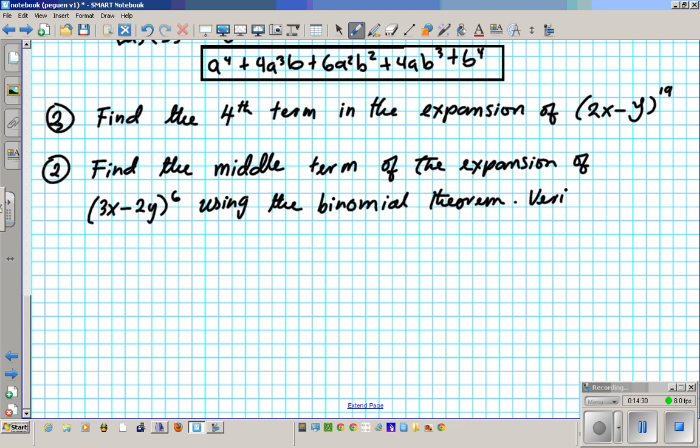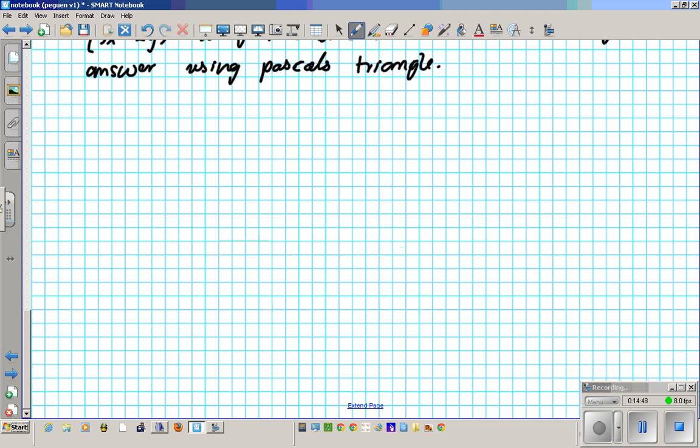Verify your answer using Pascal's triangle. Okay, so we're going to use both methods, and then we'll see which one you guys prefer on this one, okay?